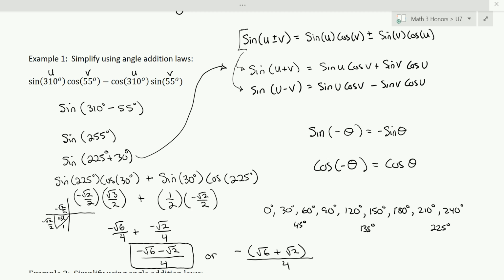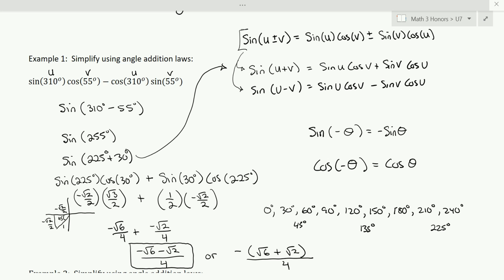This is as far as we can go. How did I add these together? When you add fractions, if the denominator is the same, it stays the same. Yeah, I multiplied.